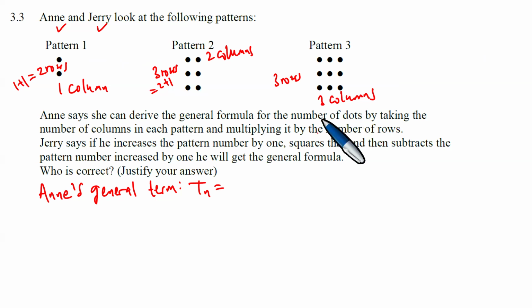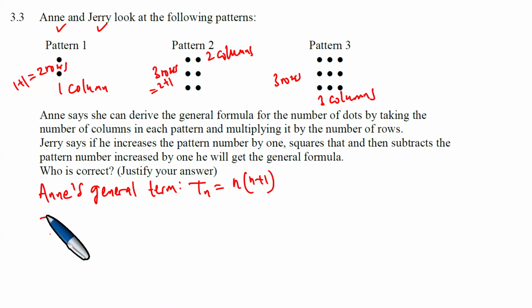These things we call number patterns. So what Anne is saying is that Tn is the number of dots, taken by the number of columns in each pattern multiplied by the number of rows. So you have n columns and the rows are n plus 1.